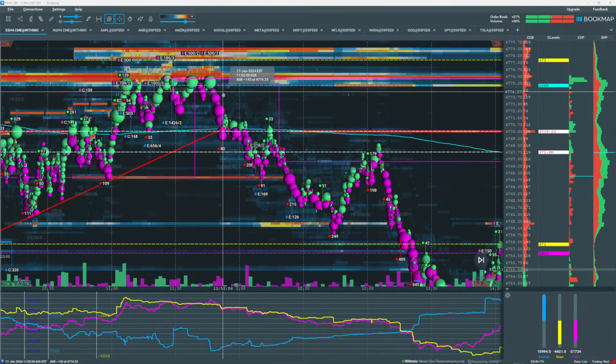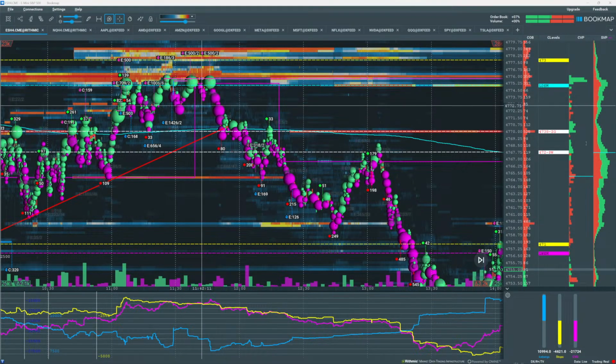It took some time and patience to wait it out, but again, this final break of this little trend line as aggressive sellers started to come in was a great entry point for short.